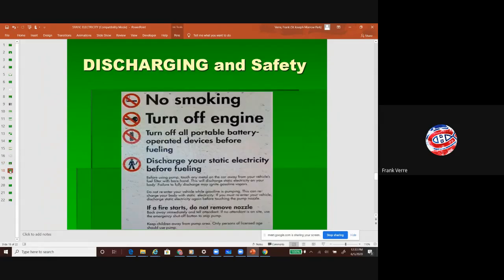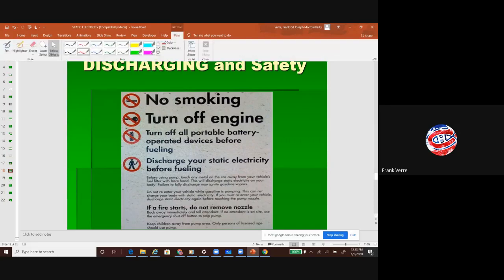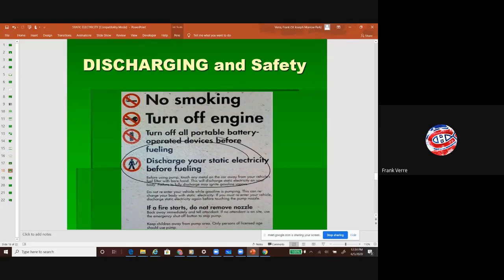One last thing I want to mention about discharging, just in terms of a safety aspect. I think I may have mentioned this. When something is charged, obviously there is a risk of electrical shock when there is a discharge. For example, lightning. That's why you should be careful when there's a lightning storm. We mentioned this last time: when you come out of a car, you're sliding past the seat.